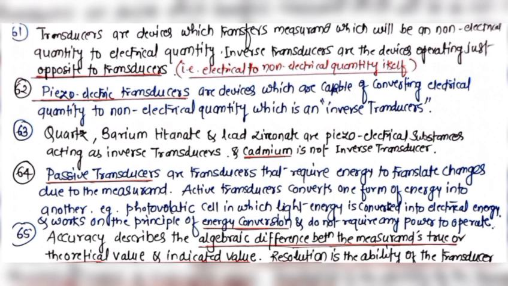Transducers are devices which transfer a measurand, which is a non-electrical quantity, to an electrical quantity. Inverse transducers are the devices operating just opposite to the transducers, that is, electrical to non-electrical quantities. Piezoelectric transducers are devices which are capable of converting electrical quantities to non-electrical quantities, which is an inverse transducer.